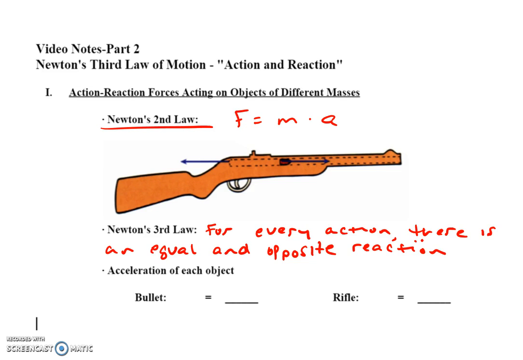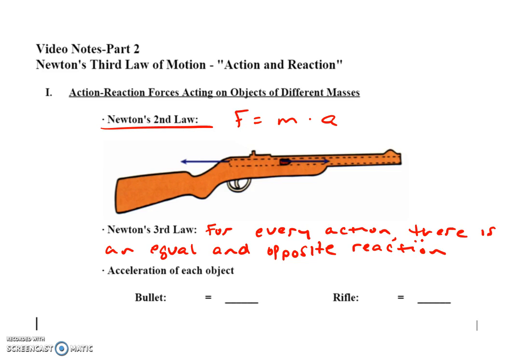Now, when we talk about an action-reaction pair, the force exerted on the action is equal to the force exerted by the reaction. So let's look at two objects. Let's say that we've got a rifle and a bullet, and we fire the bullet by the rifle.